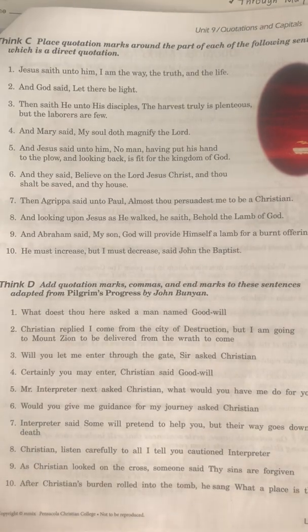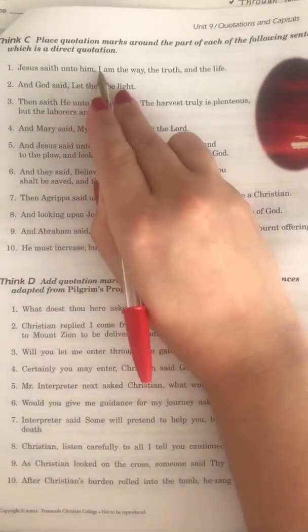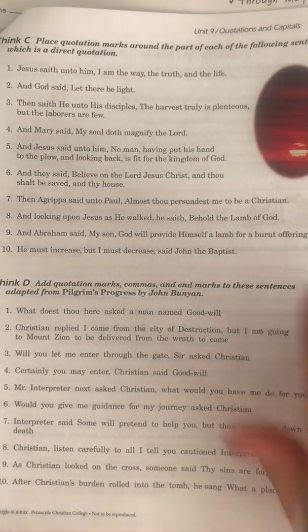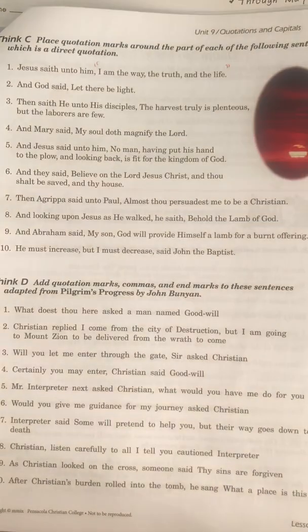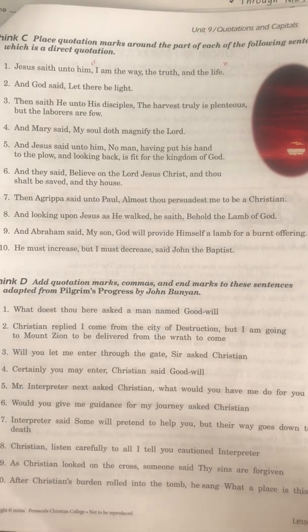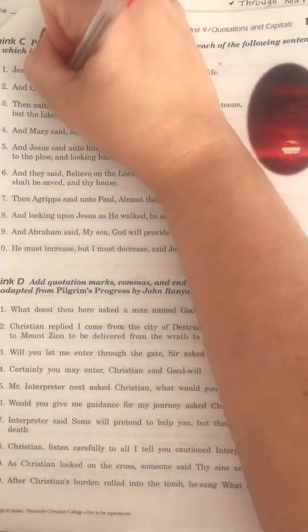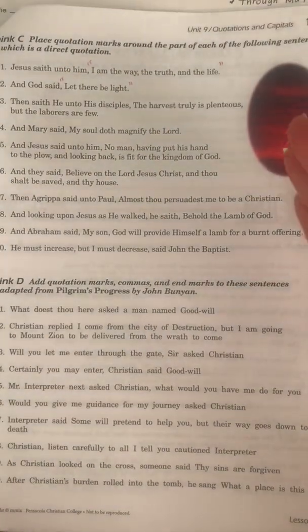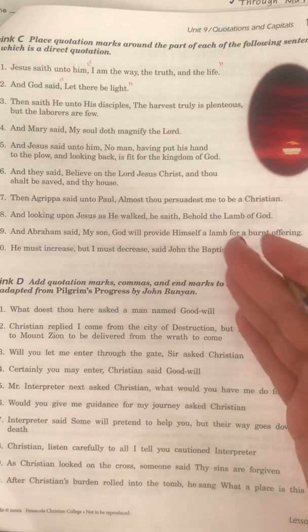Well, if you are saying, he said to him, comma, I am the way, the truth, and the life, I can hear the quote quite easily. So you're just adding the little quotation marks. Number 2, "And God said, let there be light." You can clearly hear where the quote starts. So that's what you'll do from numbers 3 through 10.